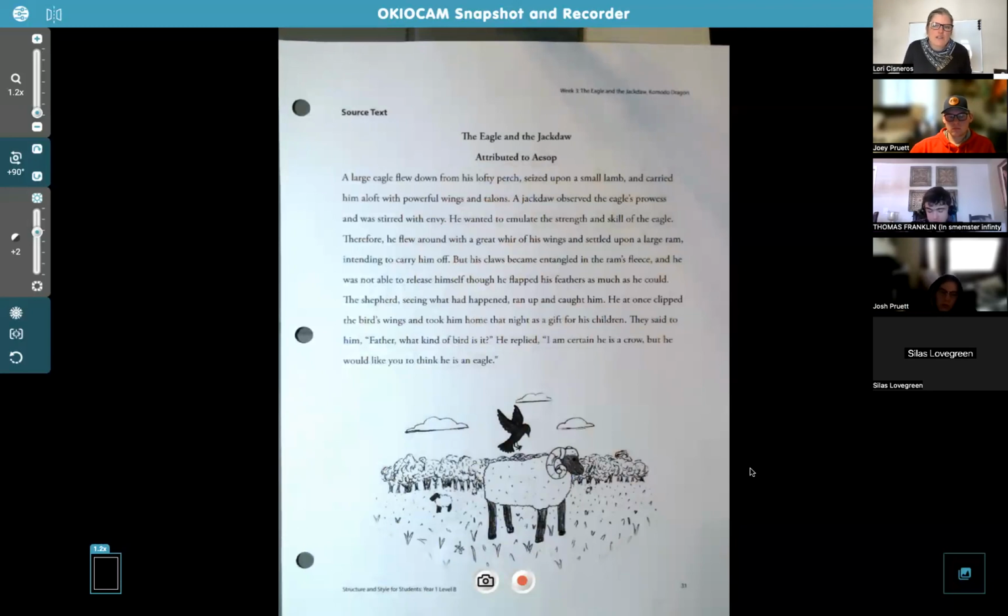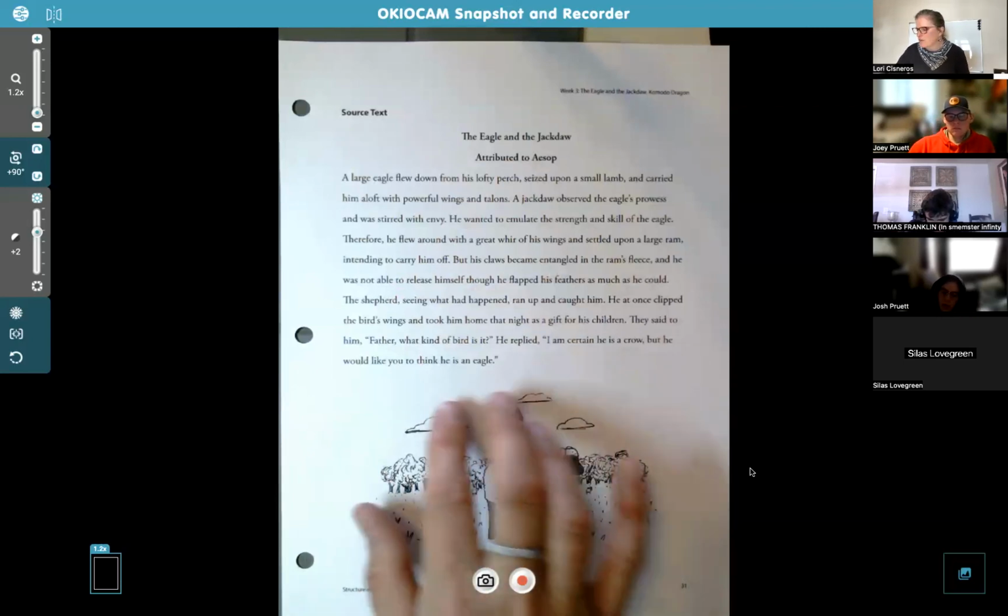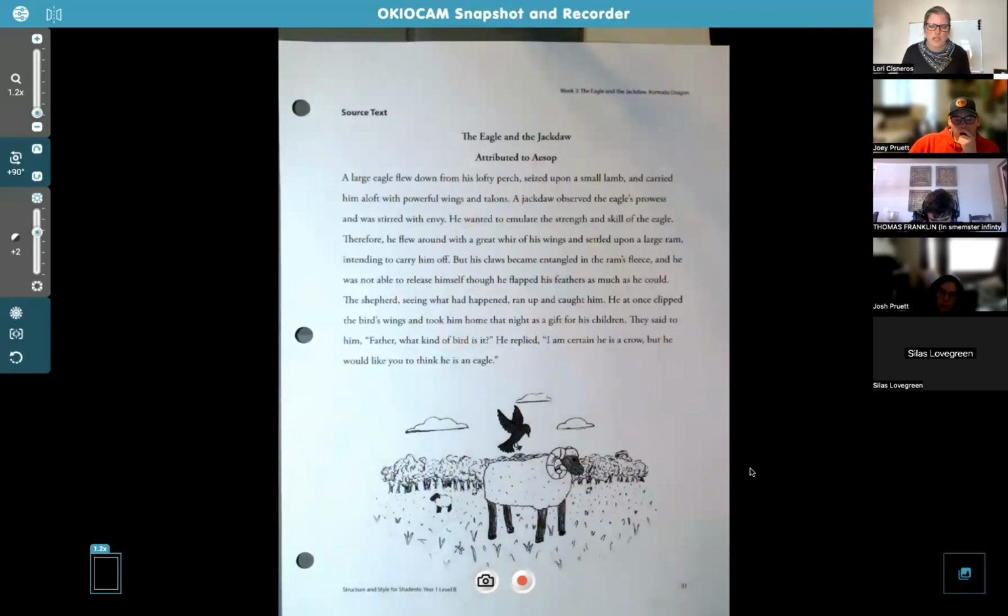But we can learn that envy and jealousy, those things we all have to be careful of, because we could get ourselves in a bind if we live by that. So that's a lesson we can learn from it. And then, of course, the father says to them, he wants to be a crow, or an eagle. He saw that in the bird, that he wanted to be an eagle, but he just can't be an eagle.